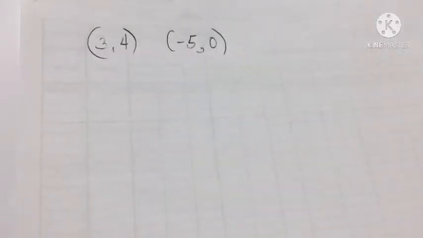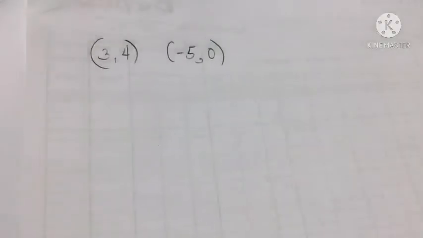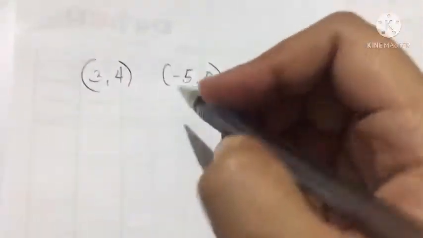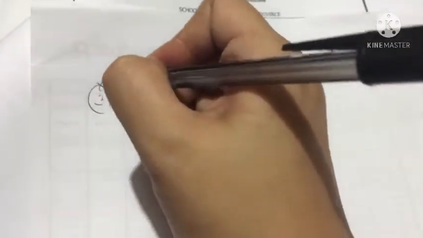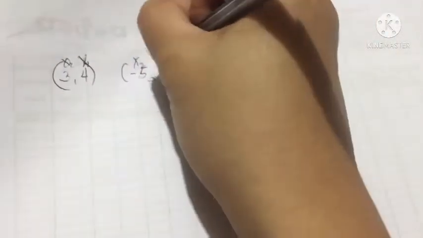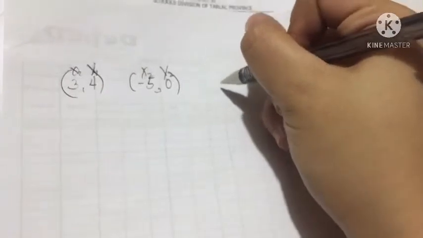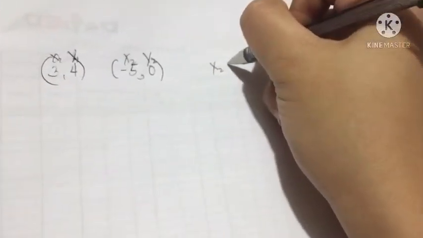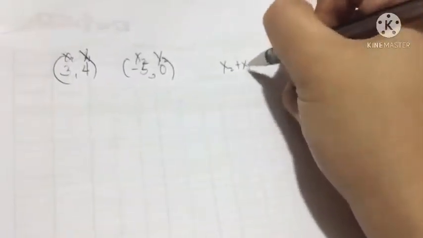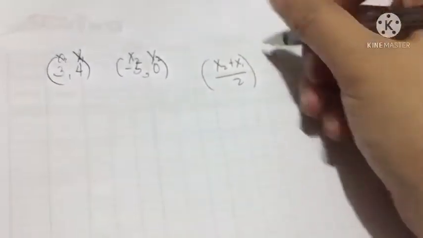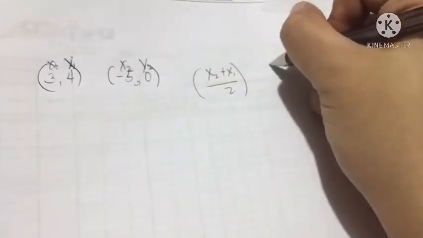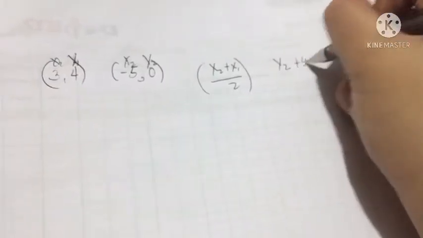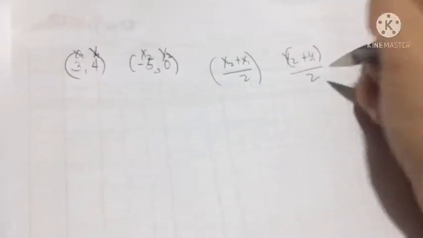Another example sa midpoint natin. So, para kukunin ang ating midpoint, mag-a-assign ulit tayo. Ito yung ating x sub 1, y sub 1, x sub 2, and y sub 2. So, to solve for that, yung x natin ay x sub 2 plus x sub 1 over 2, at yung ating y naman is y sub 2 plus y sub 1 over 2.